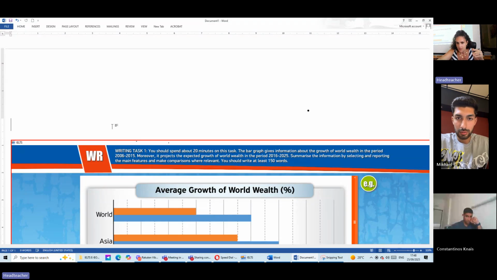Okay. So if we say the bar graph, can we change that expression? The bar graph. Can we say, for example, instead of gives, something else? What do you think? Yes.